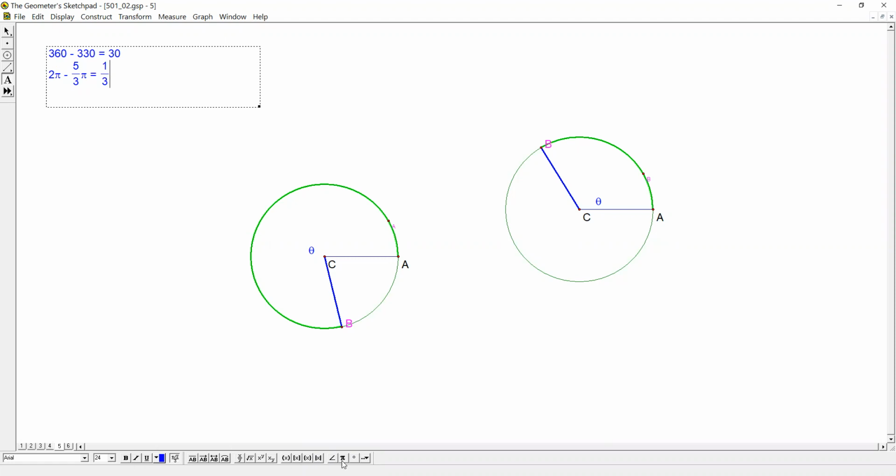Because the question is given to me in pi. So this 330 is not given. It is given as 5 over 3 pi. So what to do? Instead of 360 minus 330, 360 is actually 2 pi. So I use 2 pi minus 5 over 3 pi, and this is 1 over 3 pi. This 1 over 3 pi is this side. The 330 or 5 over 3 pi is on the other side.